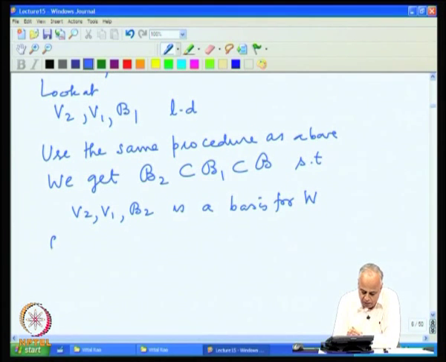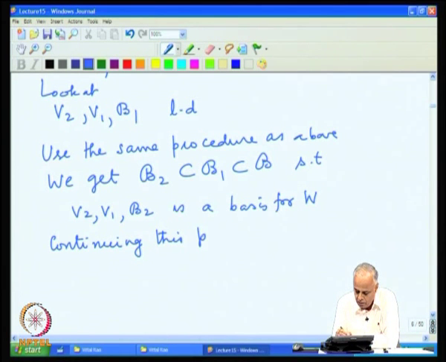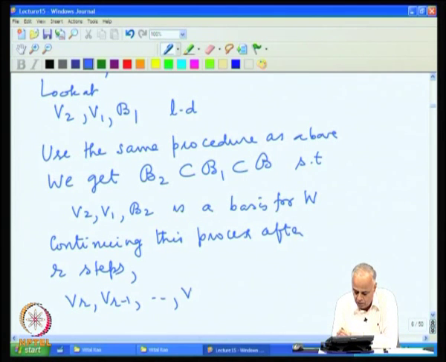Now, continuing this process, after r steps we would have elbowed in Vr, ..., V1 and we would have knocked out all the vectors in B. If we have to knock out all the vectors in B, at each step we knock out at least one.